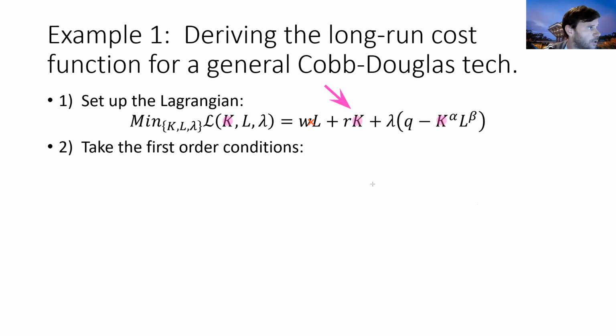And then in the constraint, Q bar is going to go away because that's a constant. And then the derivative of the production function with respect to K, we should know how to interpret that. If you take the derivative of the production function with respect to K, what is that measuring? Yeah, that's right, Bryce. That is the marginal product of capital.